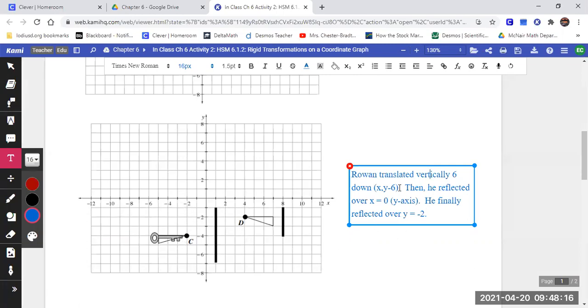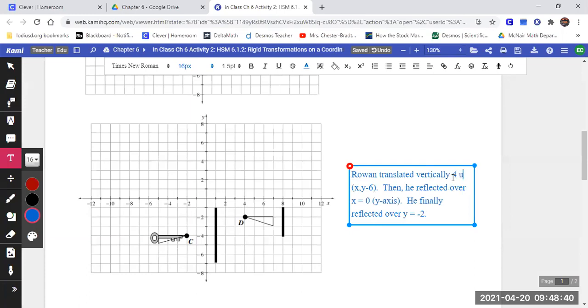Okay. So we need to translate vertically. How many? And which direction? 4 spaces, which direction? Down? Or up?